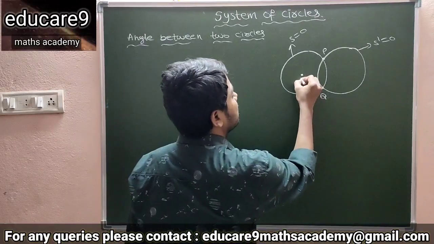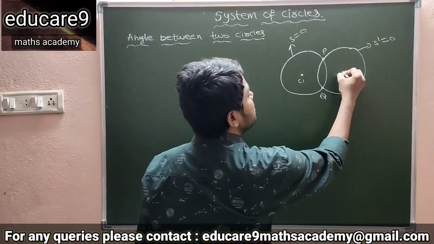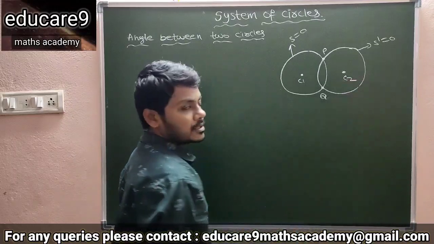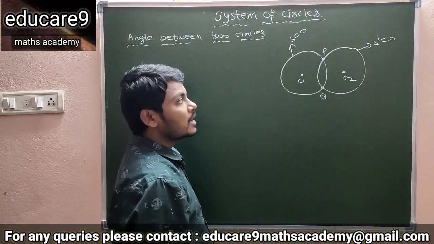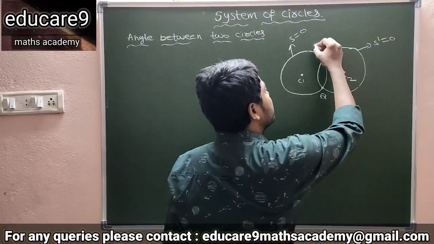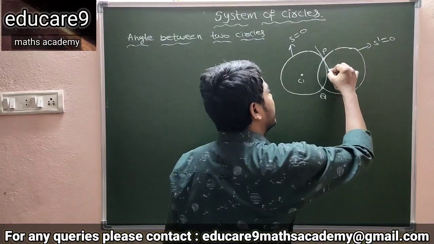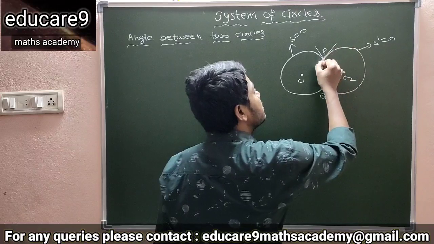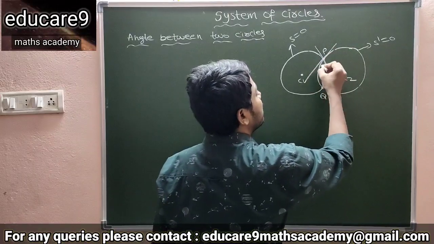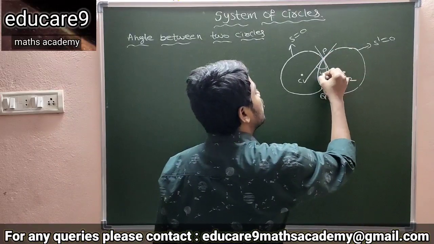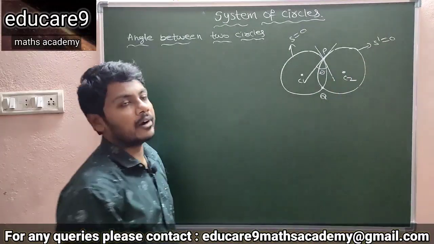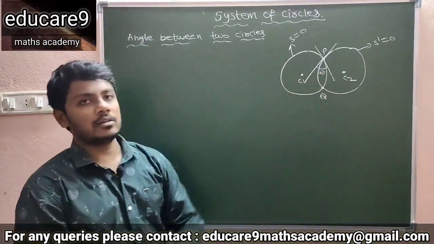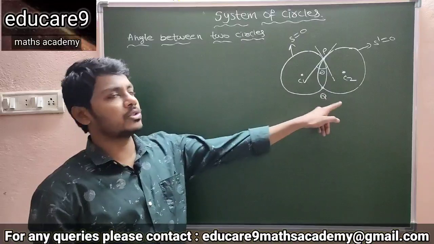And C1, C2 are the centers of the two circles. Okay. And draw the tangent line at this point. So this is one tangent line and this is another tangent line. Then the angle between these two tangents is theta. Here theta is called the angle between two circles.